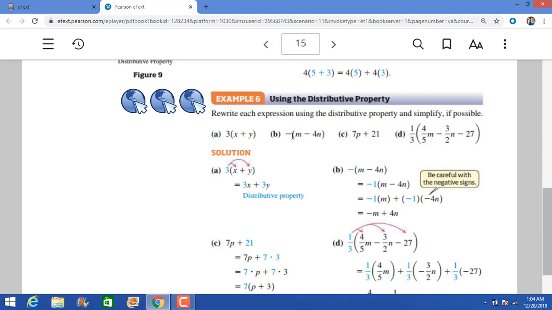So this -1 I'm going to distribute across the subtraction, and it's going to be like -1 times m, which gives me -m, and then -1 times -4 times n, which is what they're doing here. And so you get -m plus what? Plus 4n.